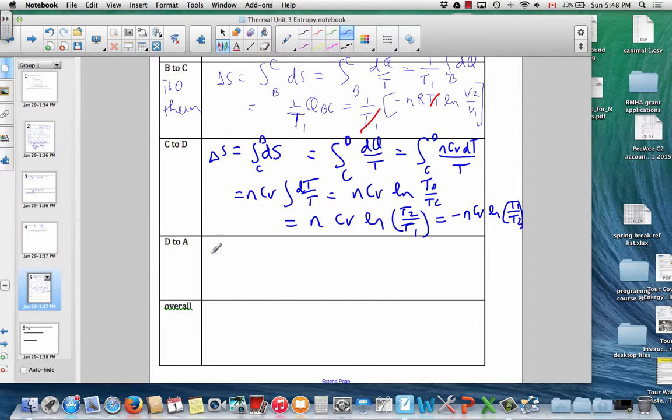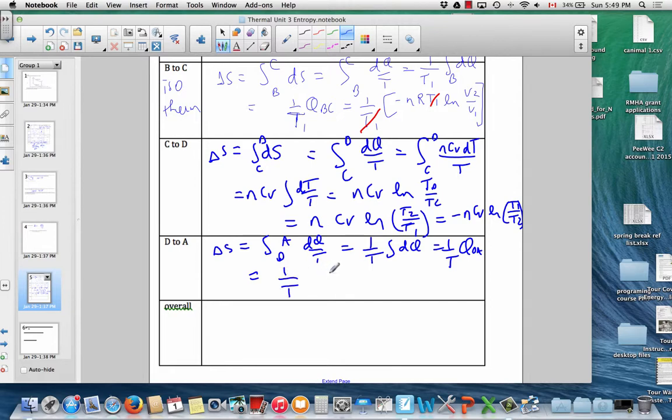Next, along the isotherm again, as we did above, we're going from D to A. T is constant, so it comes out. Then we end up adding up dQ, which of course is the thermal energy transfer from D to A. We worked that out previously by finding the work, because you can't find dQ directly for an isothermal process.